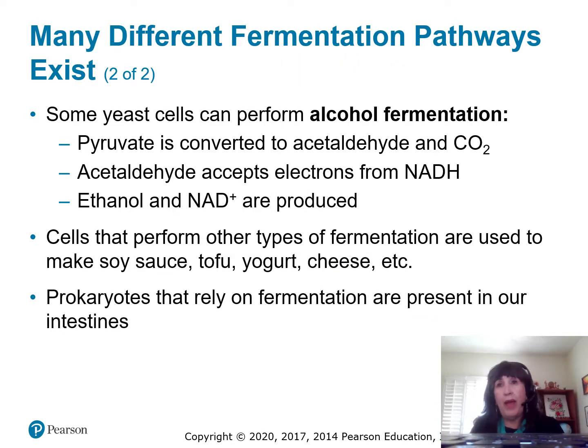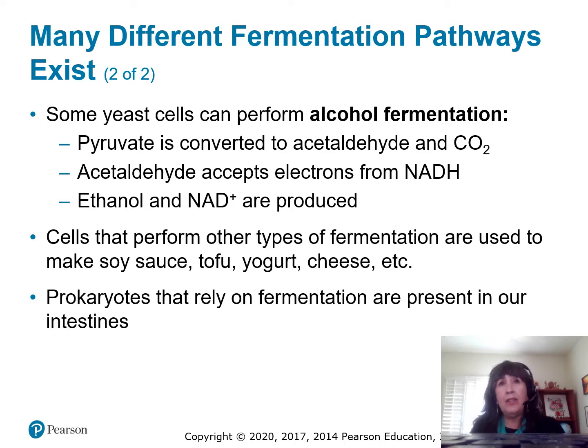Now you can also have alcohol fermentation. The alcohol that you see in adult beverages also comes from the breakdown of glucose in the absence of oxygen. Some form of pyruvate will accept the electrons, and that pyruvate is converted into acetaldehyde and CO2, and eventually that will form ethanol.